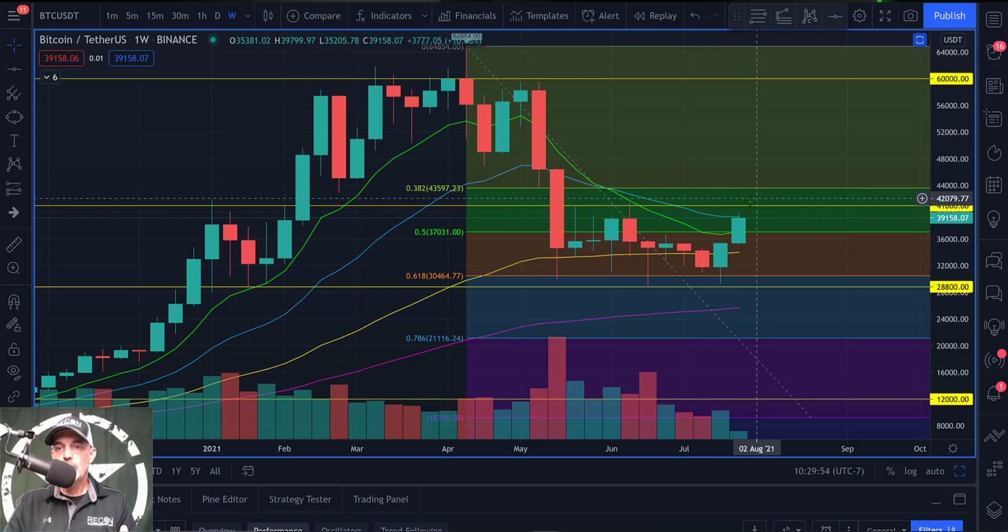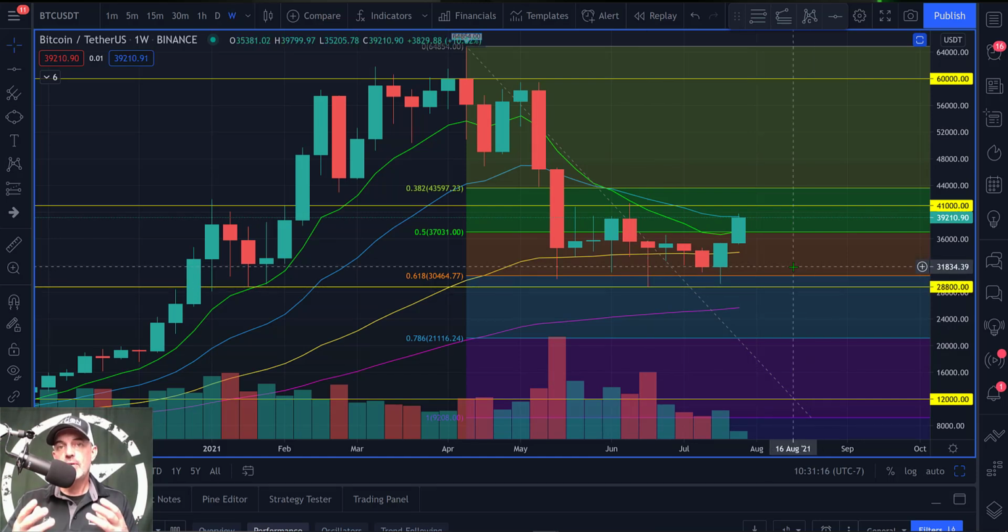And if the bulls are able to breach this 41,000 level, we could very well see the 382 level or around the 43,600 level act as resistance to cause that trap to snap shut on the bulls and then roll back over into a bearish reversal towards previous support of around the 618 level of 30,000 or the 28.8 level, which is also shown to be a very strong level of support.